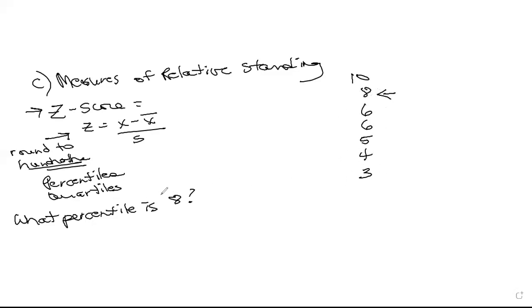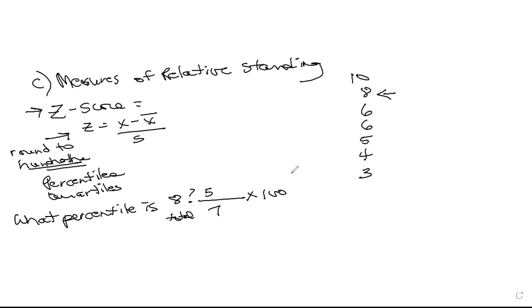So before I even started this, I would have an estimate in my head, maybe 70%, 80%, or 90% below you. Remember what you do: you count how many numbers are smaller than this number, 1, 2, 3, 4, 5, and you divide that by your total number of pieces, 1, 2, 3, 4, 5, 6, 7. And then you multiply that by 100.